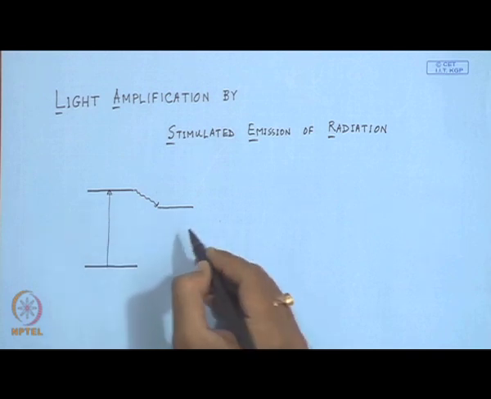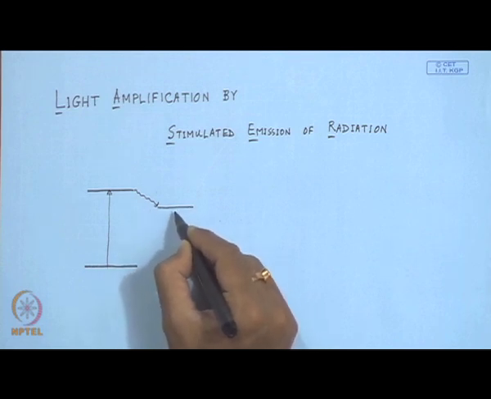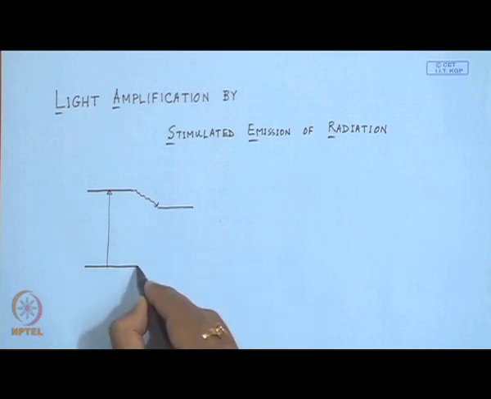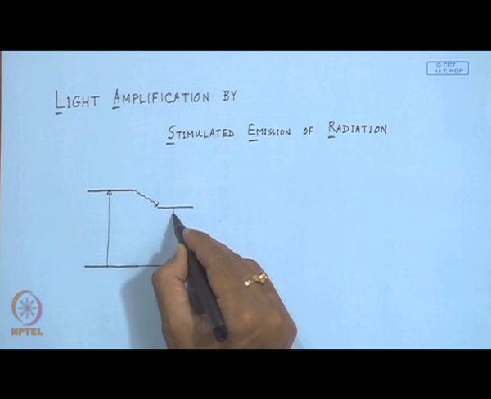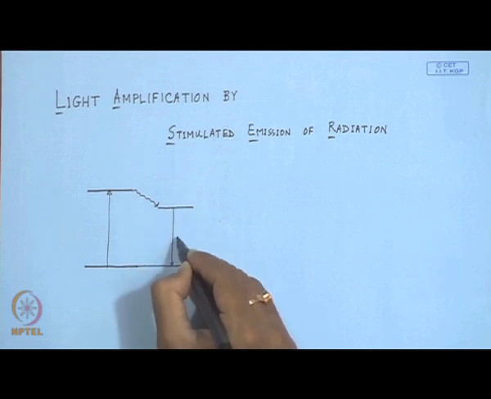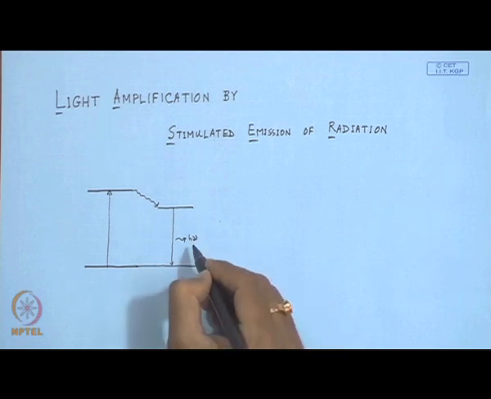Then some of the excited species get de-excited because of spontaneous emission; some of them will come down, giving rise to a photon.